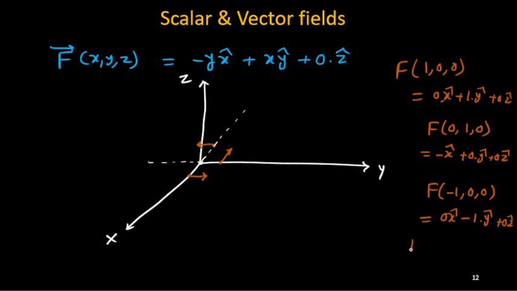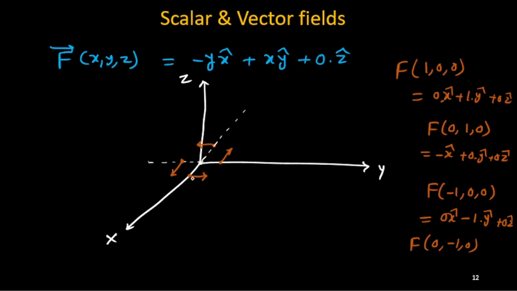Similarly, if I consider f of 0 comma minus 1 comma 0, this is the point. At this point it will be minus minus plus, so it's a positive x direction. Can you check?